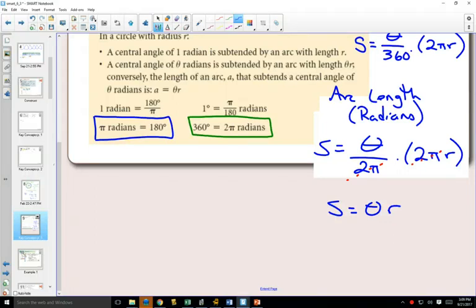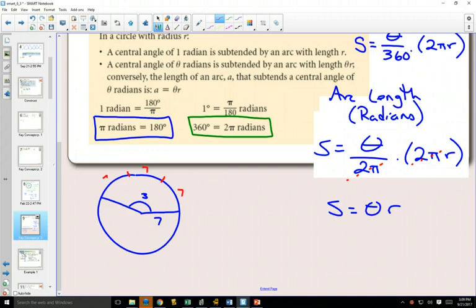Now, what does that mean? If I have a circle with a radius of 7, and I say your angle is 3 radians, what is the arc length? Remember that 1 radian is 1 radius along the outside edge. So 3 of them, the arc length would be 21.